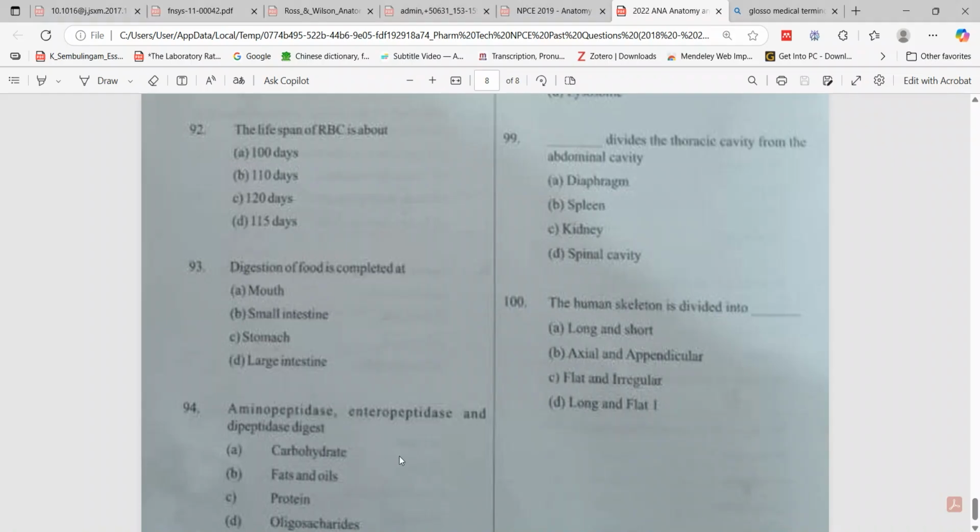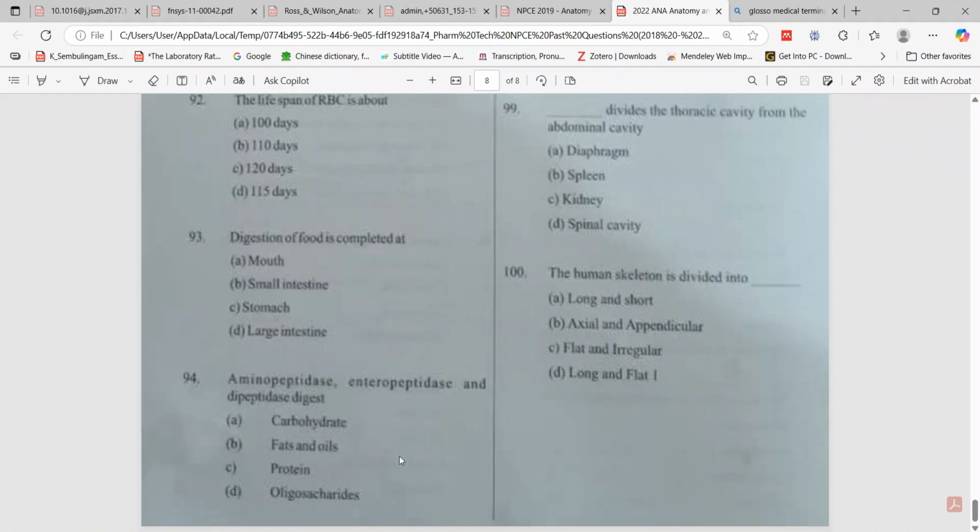You cannot say stomach, because the digestion of fat still takes place in the small intestine. Not all digestion ends in the stomach. Even for proteins, there is still some digestion in parts of the small intestine, where polypeptides are broken down to dipeptides and all of that.